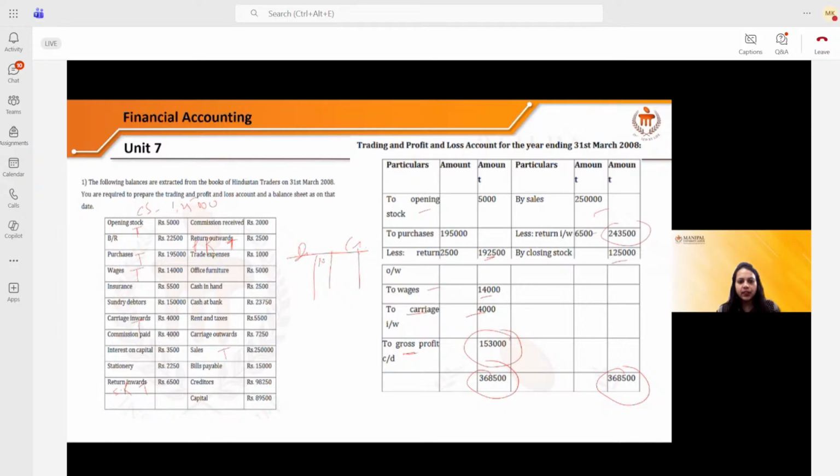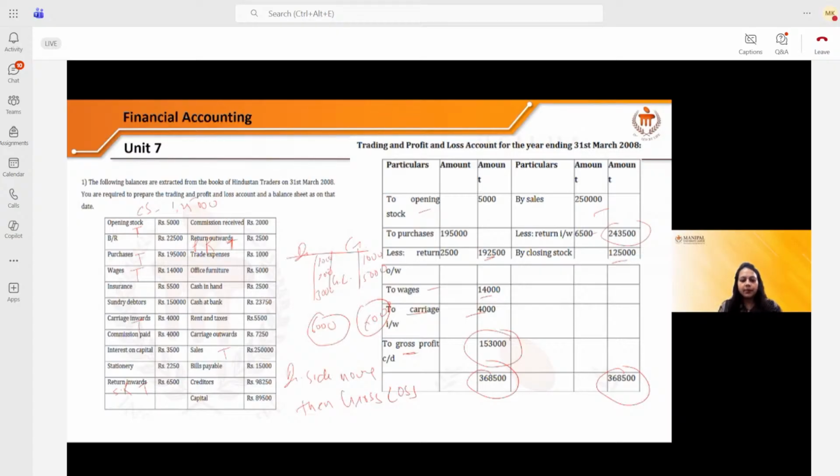Suppose here is 1,000, 2,000, 3,000, so the total is 6,000. Here the total is only 1,000, suppose. So the debit side total is more. Then the gross loss will be 5,000, so the total becomes 6,000. So if the debit side total is more, then it is gross loss.